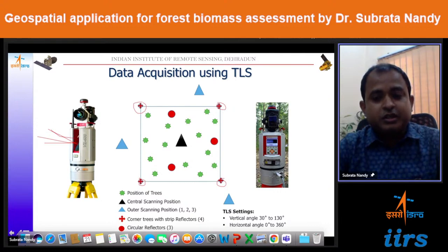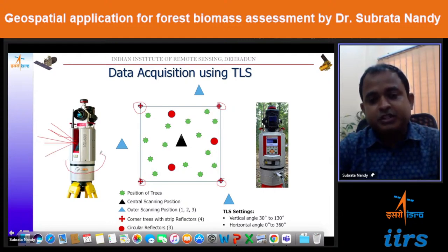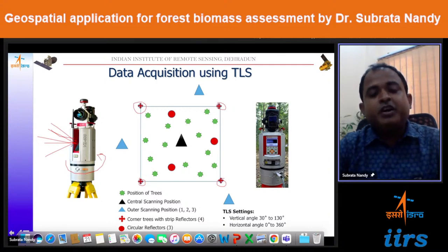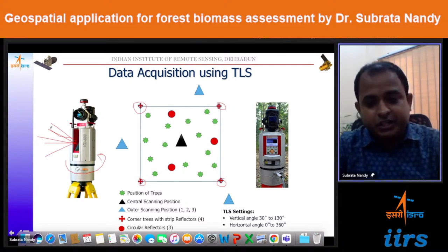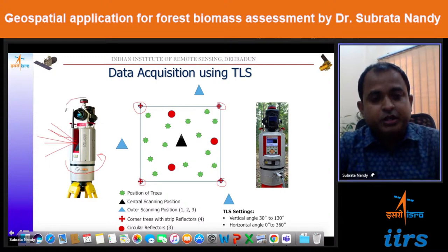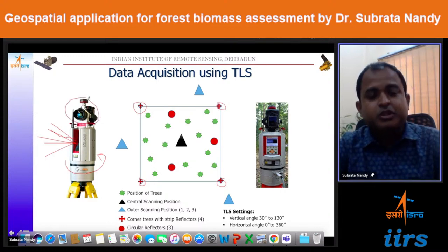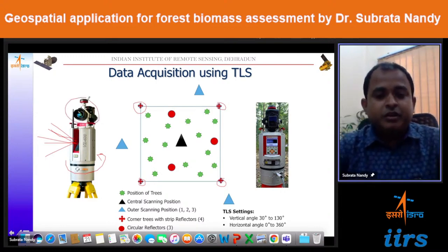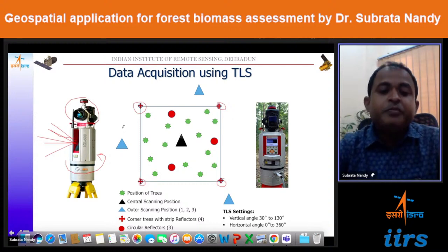The vertical angle here is 30 to 130 degrees, and the horizontal angle can move 360 degrees. And there is a camera also attached to that. I'll discuss the camera in the next slide.